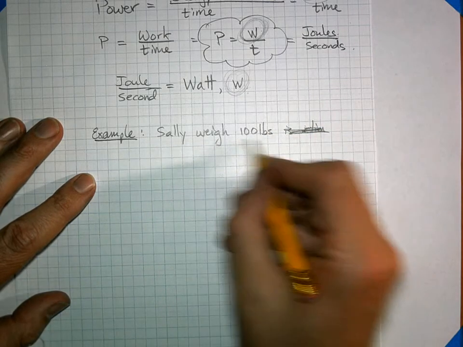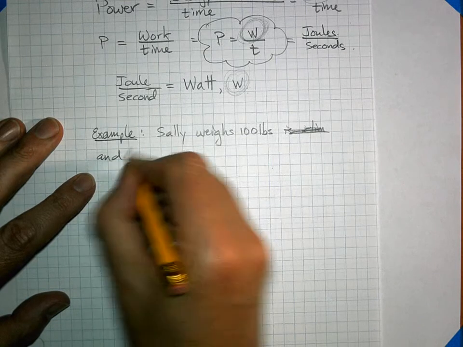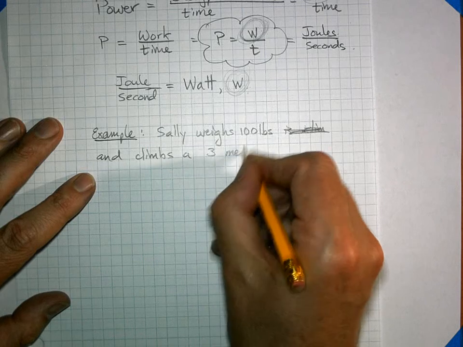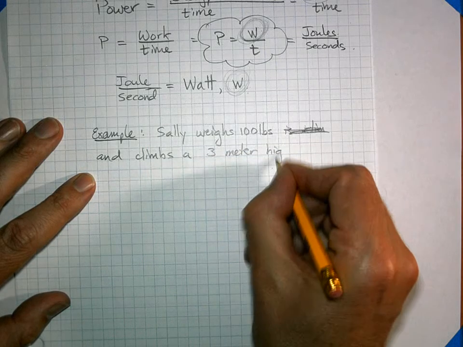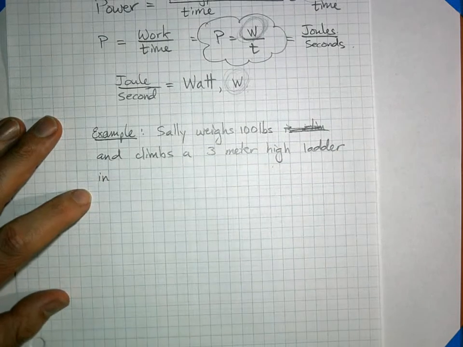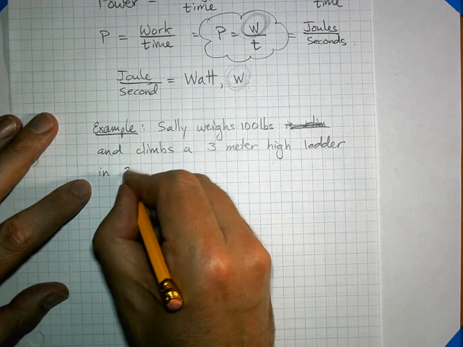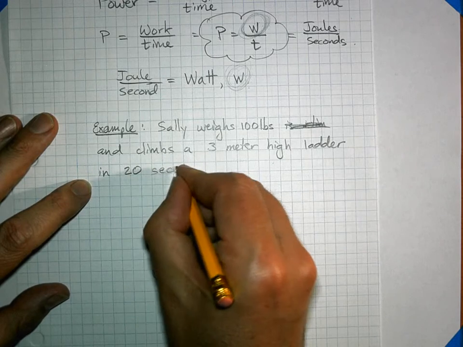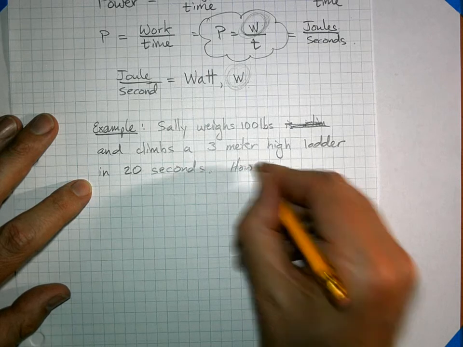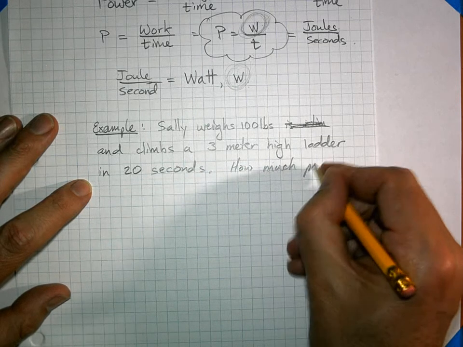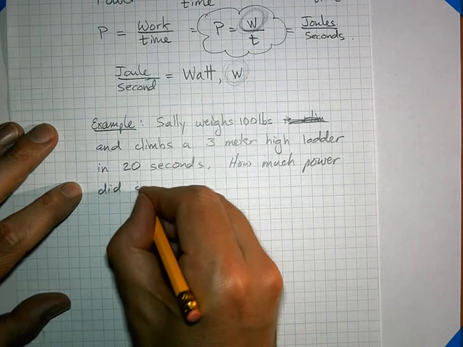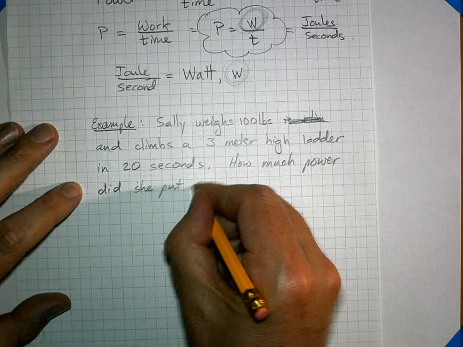Sally weighs 100 pounds and climbs a 3-meter high ladder in 20 seconds. How much power did she put out?